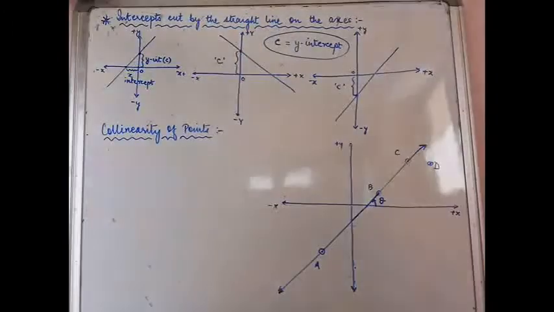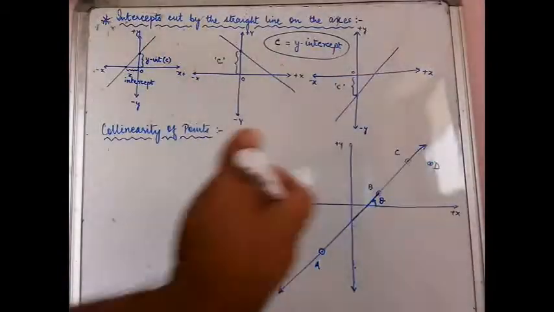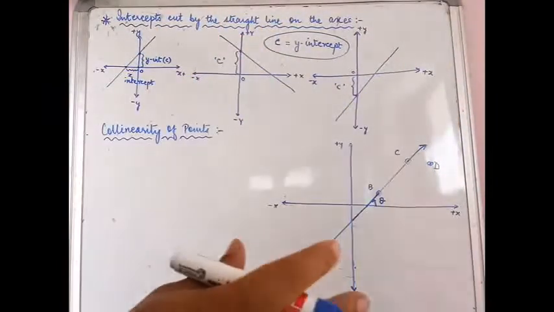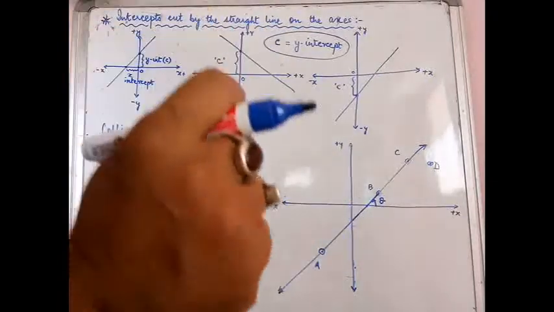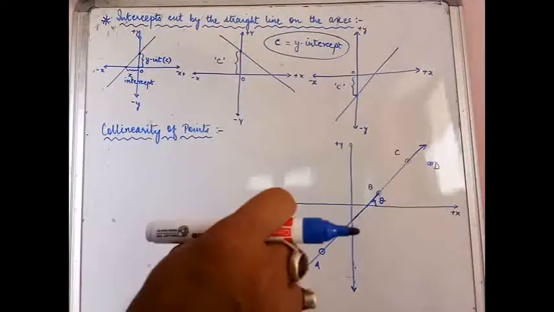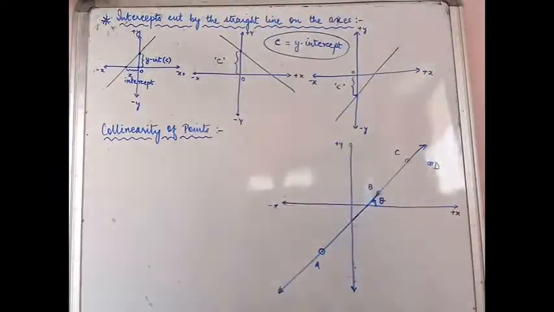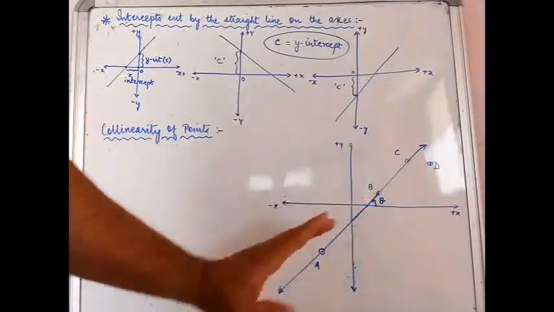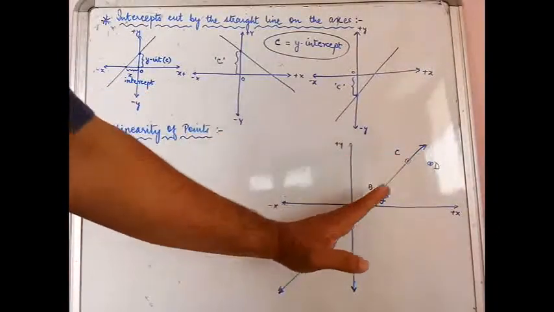So what that means is, whenever there are 3 points or 4 points or maybe even more points lying on a straight line, the slope of that line is going to be the same, even if you take points BC, AB, or AC. You select any 2 points that you want to take. Even if you take AB, the straight line will be same. If you take BC, same straight line.